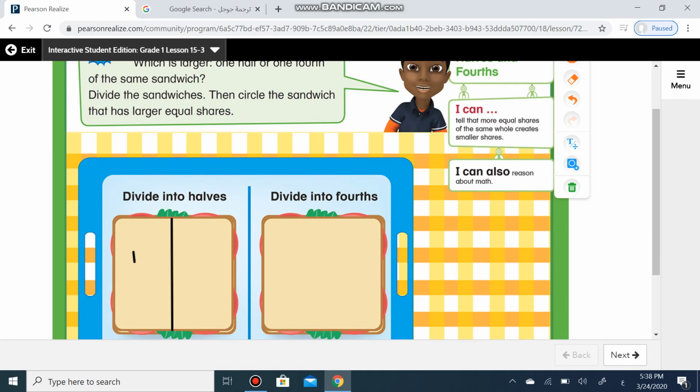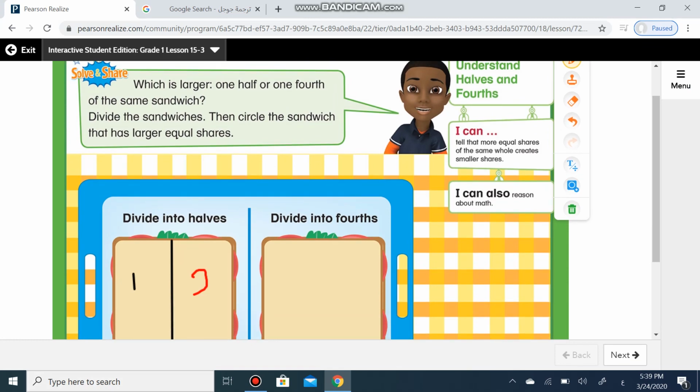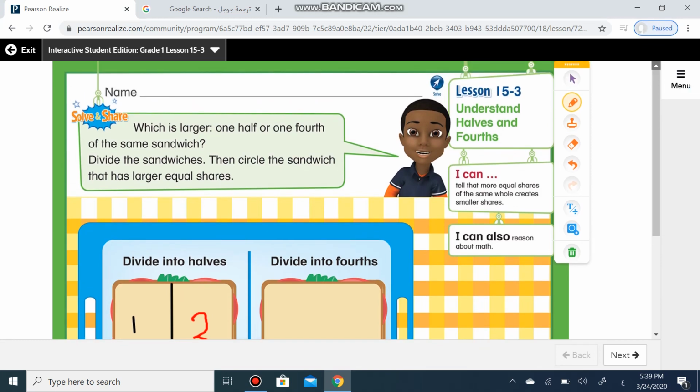1, 2. What about this? I want to divide it into fourths or quarters. What will I do? Very good. Divide it into 4 equal shares.